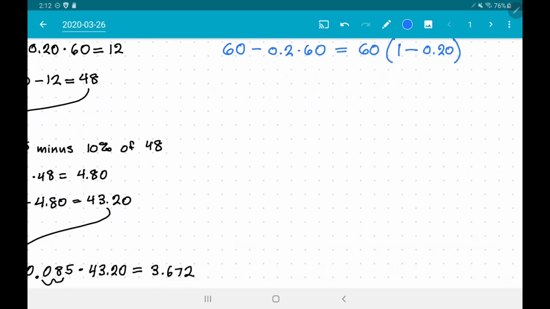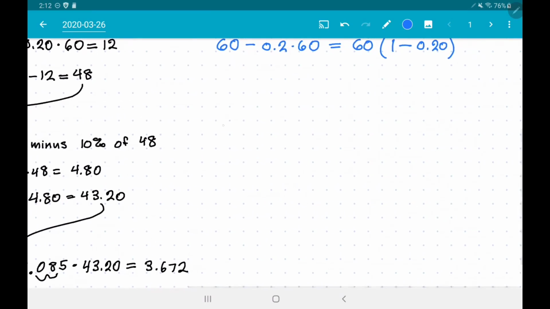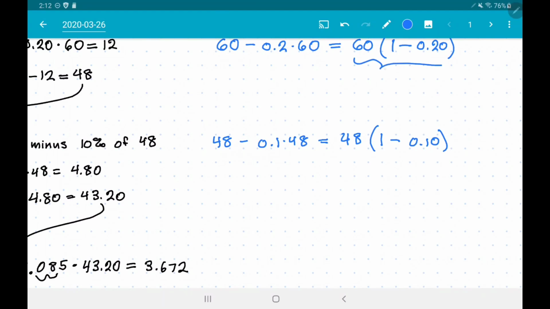The next thing we did was 10% off the 48. So we did 48 minus 0.1 times 48. Again, I'm going to factor out the 48. I need a 1 for that term, then the subtraction, and then 0.10, just to remind you that that's the 10% coupon.